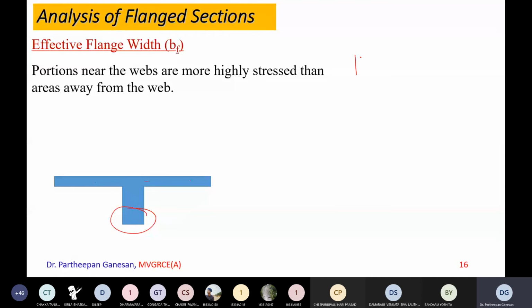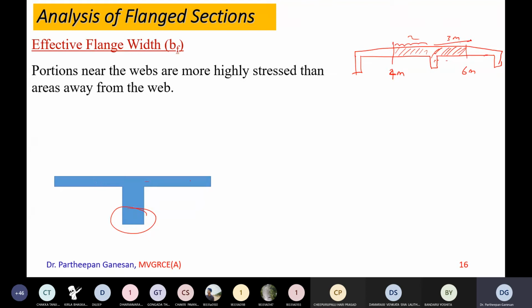So normally, let us say you have an intermediate beam and slab like this. Half of this load will be taken by this beam. For this span, half of this load will be coming to this beam. Now let us say this is 4 meter and this is 6 meter. Obviously, this distance will be 2 meter and this will be 3 meter.